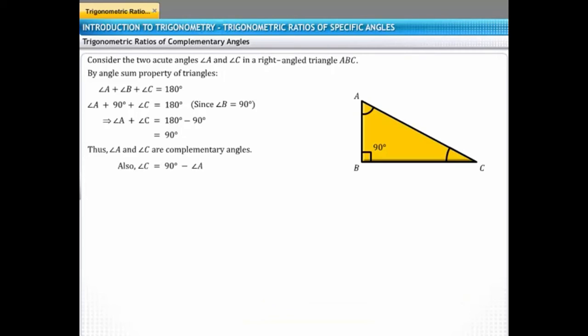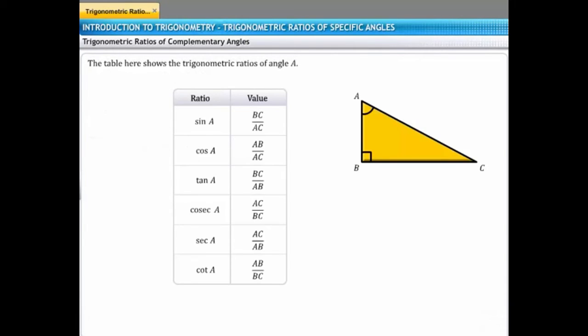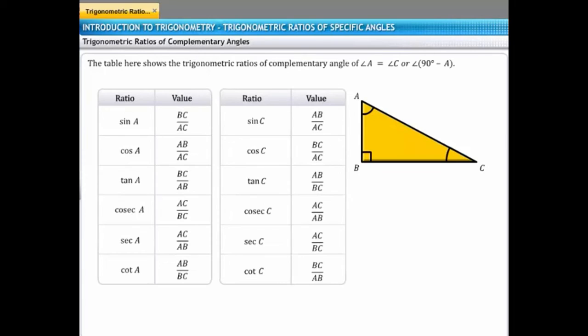Now, we can also represent angle C as 90 degrees minus angle A. The table here shows the trigonometric ratios of angle A. The table here shows the trigonometric ratios of complementary angle of angle A, that is, angle C, or 90 degrees minus A.